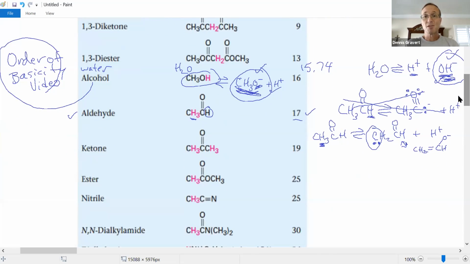But in an ester, you can get the alpha hydrogen to fall off and get resonance structures over here. You can also do it with the nitrile group. Okay, now your pKa value is even getting higher, which means it's even a weaker acid. Aldehydes and ketones are much more likely to donate their alpha hydrogens than esters and nitriles, but they still can do it. Amides can do it too, but the pKa is now up to 30.